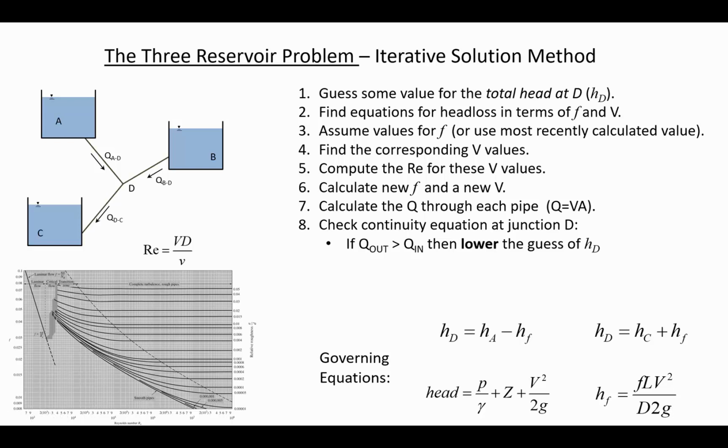If you have a lot of flow out but not as much flow in, that's assuming D has lots of energy. There's not much flow going into D because it's a high energy location, but lots of flow out. So in your next iteration you'd lower the guess. But if the out is greater than the in, it's the opposite. In your next iteration you'd raise the guess.